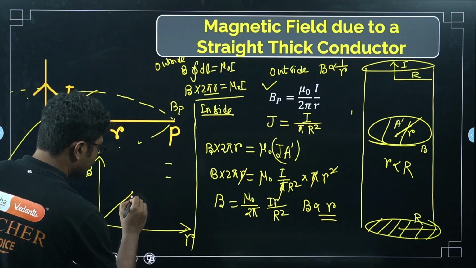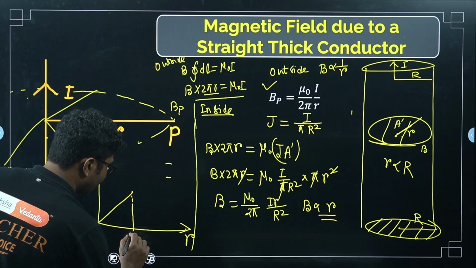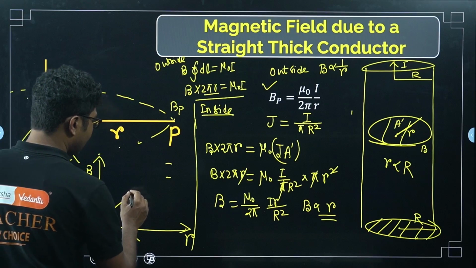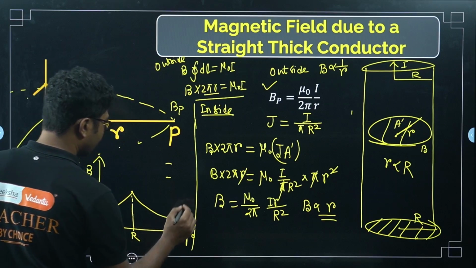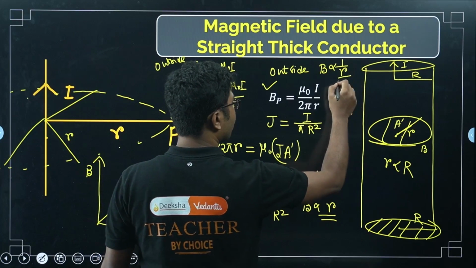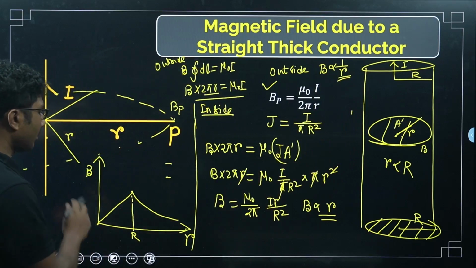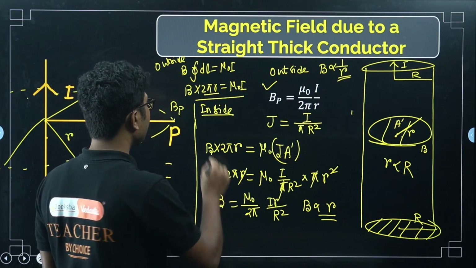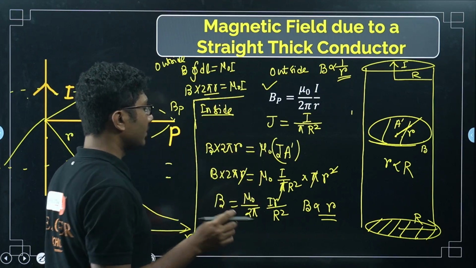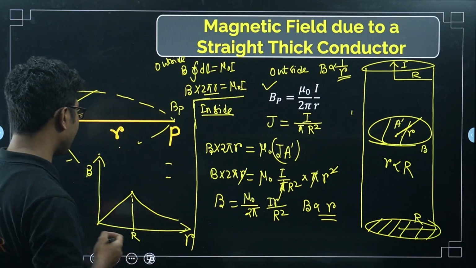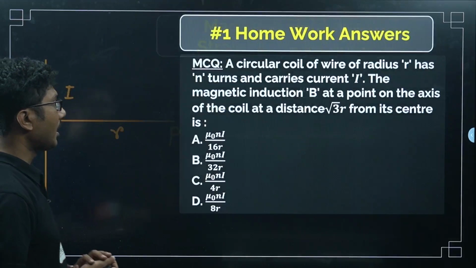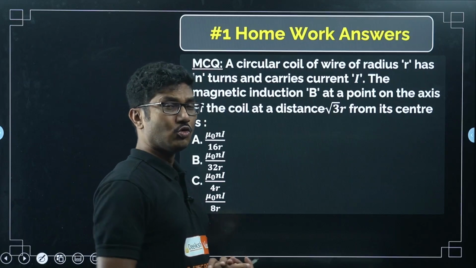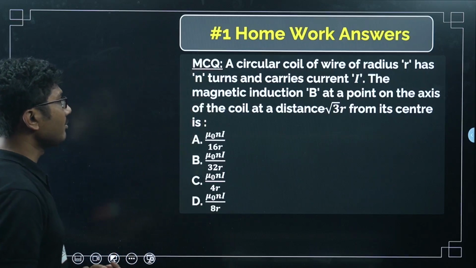At the surface of the wire, the magnetic field will be maximum, and then it will start reducing, because it is now proportional to 1 by r. So this is the graph for B versus r, a very important graph. You have to understand this concept so that if something similar comes in the exam, you should be able to answer it. Now let us move on and solve the homework problem of yesterday.